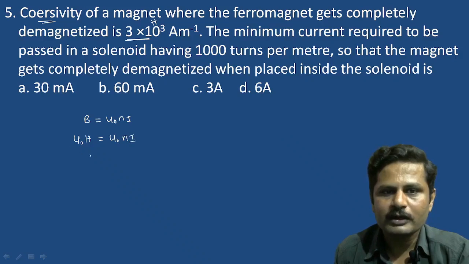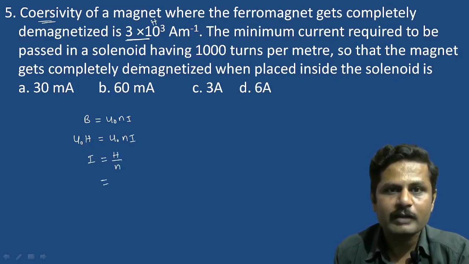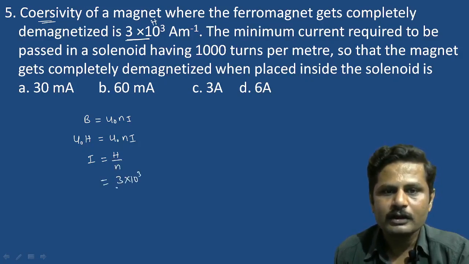Here mu naught gets cancelled, so we get H equals N i, thereby I equals H divided by N. Here H, the intensity of the magnetizing field, is 3 into 10 to the power of 3, divided by the number of turns, 1000 turns per meter. So 10 to the power of 3 divided by 1000 cancels, and we get 3 ampere. So I equals 3 ampere. So option C would be the right answer.